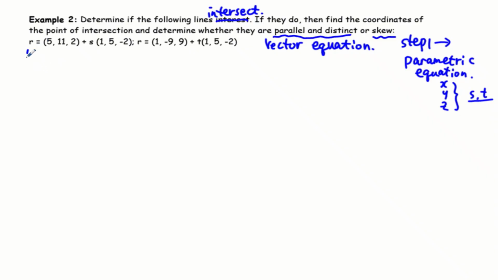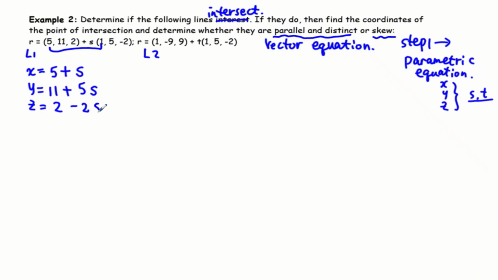So this is line 1, this is line 2. So parametric equation is x, y, z equals the component vector first plus first. So 5 plus 1 times s. Second one, 11 plus 5 times s. Third one, 2 minus 2 times s.